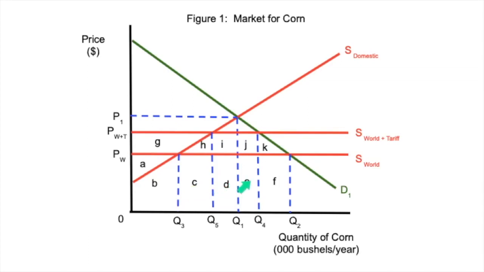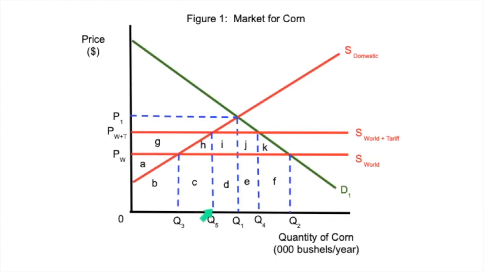C, D, E, and F, right? All of this. But then the tariff was put in place, and as a result, all of these producers in the United States continued. So now after the tariff, A, B, C, G, and H, these revenues, or PW plus T, Q5, all of that revenue is going to U.S. producers. Hey, that's pretty cool.